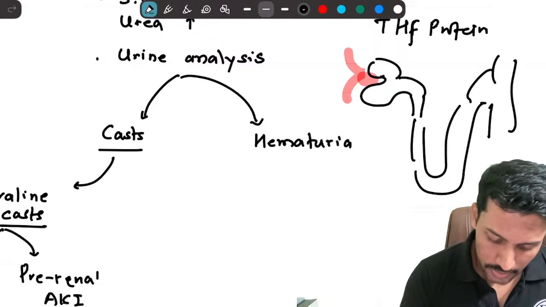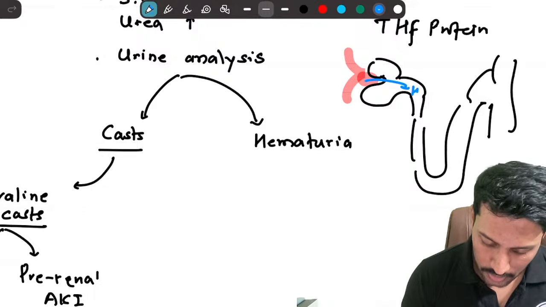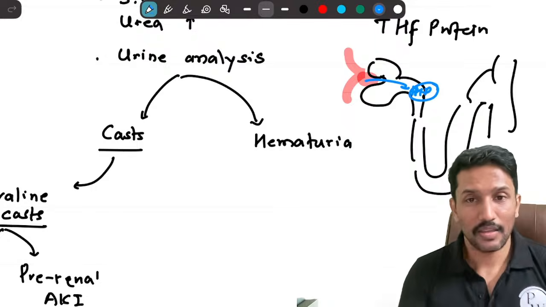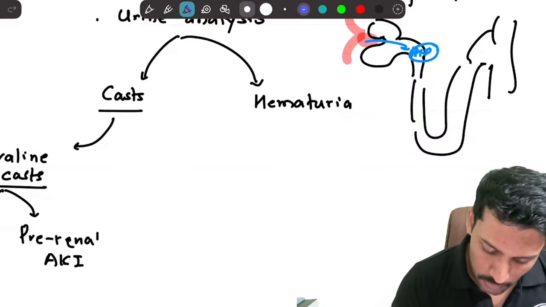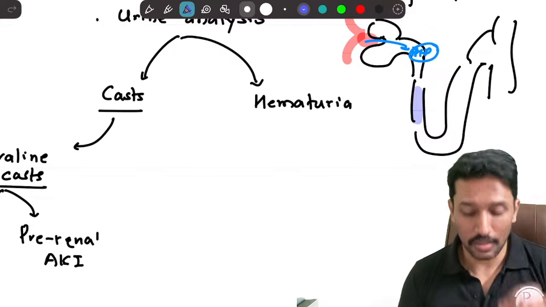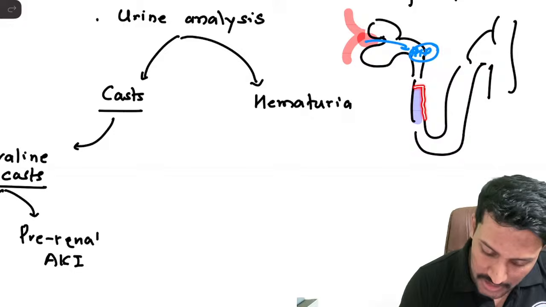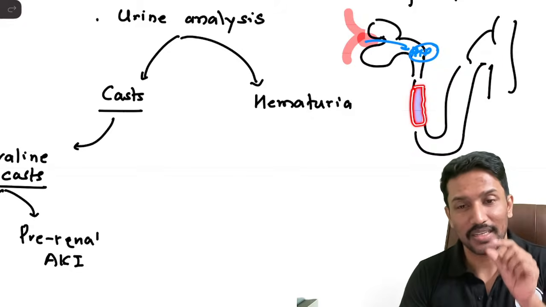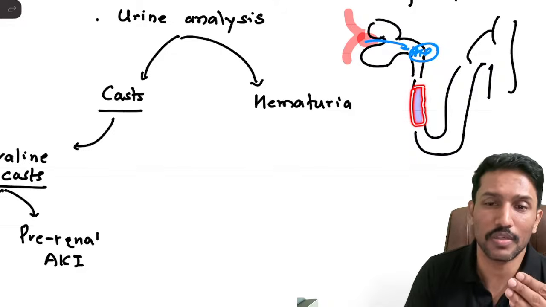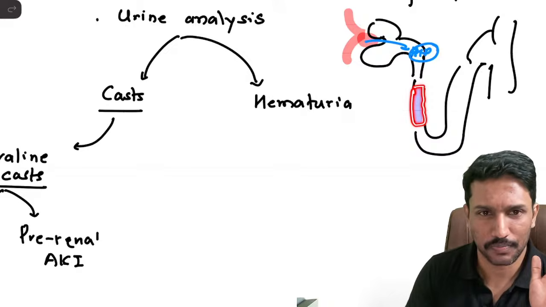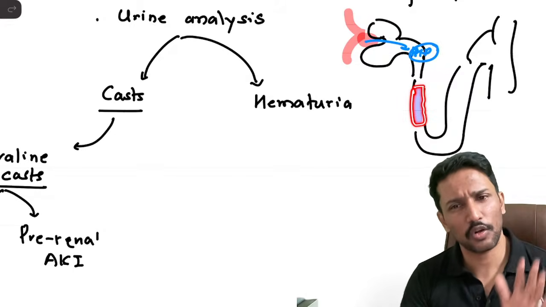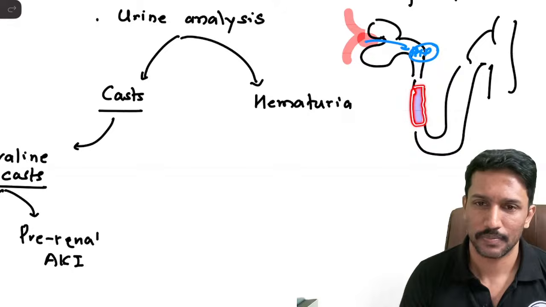But the low molecular weight Tamm-Horsfall protein will get filtered. As it passes through the tubules, it starts getting precipitated and forms a sheet. That sheet formed by precipitation of this Tamm-Horsfall protein is what we call a cast. That's a basic cast. A hyaline cast is made of only Tamm-Horsfall protein.